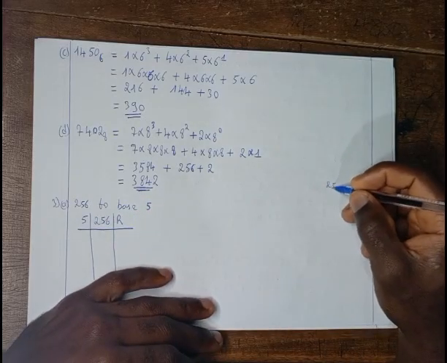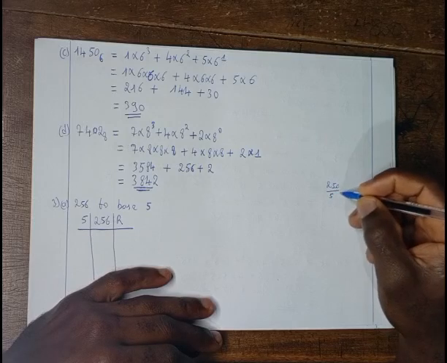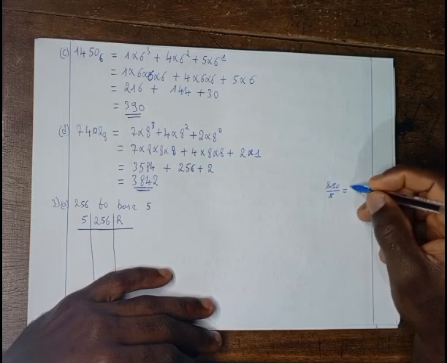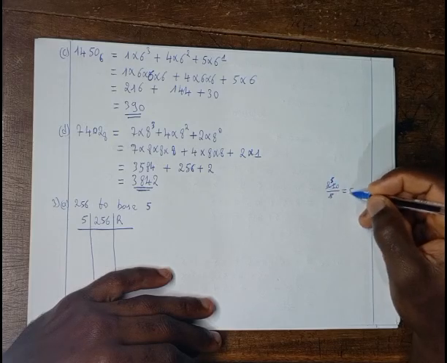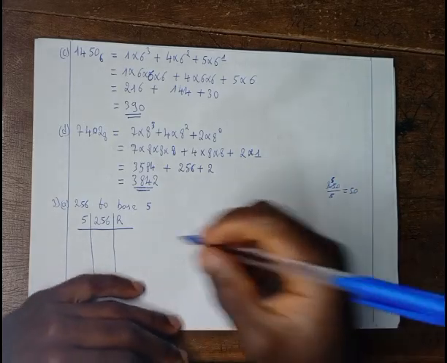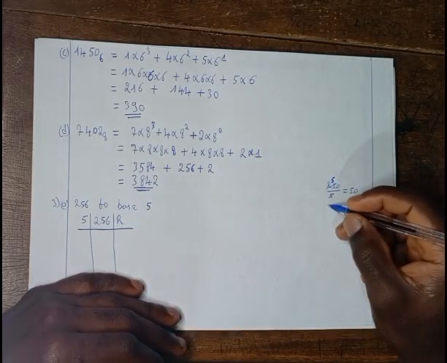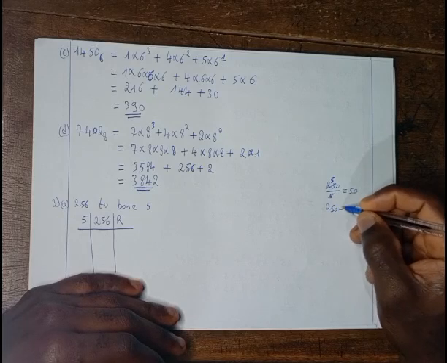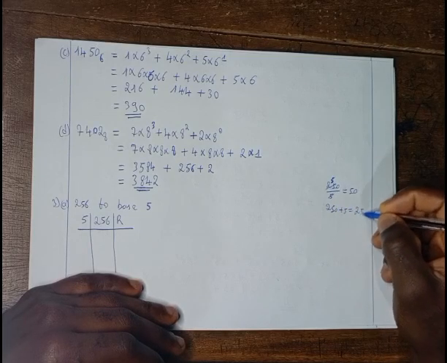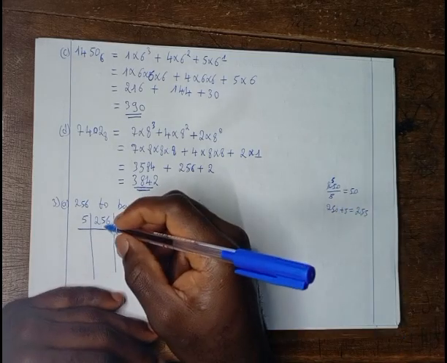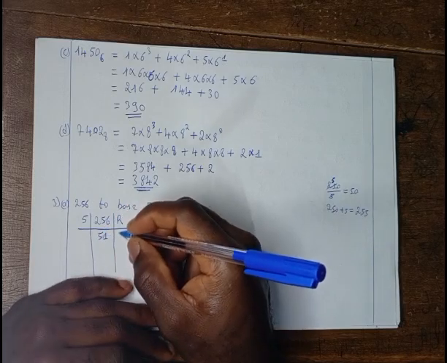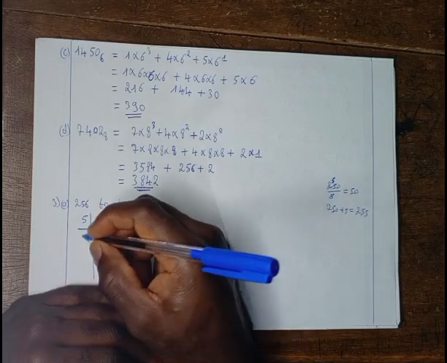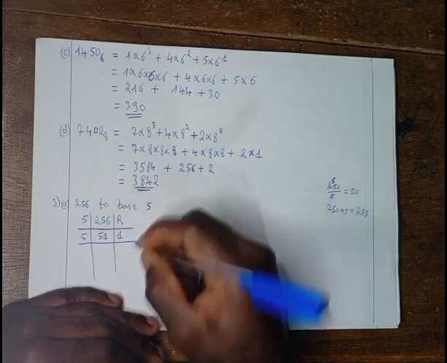If you take 250 divided by 5, this will simply give us 50. 250 plus 5 will give us 255. So 5 will go here 51 times. Remainder 1.